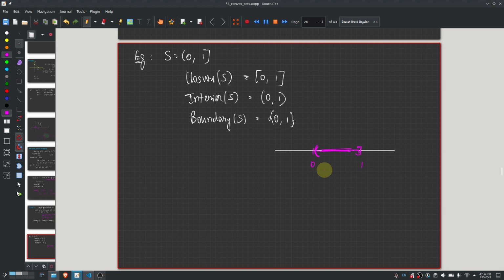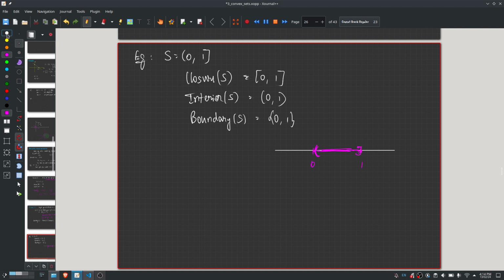And evidently in this set the boundary should be the extreme points, 0 and 1. Given any arbitrary interval, the interior would just be the open interval except the endpoints. The boundary would correspond to the endpoints, and everything including the boundary would just be the closure. And that's true for any interval, correct?